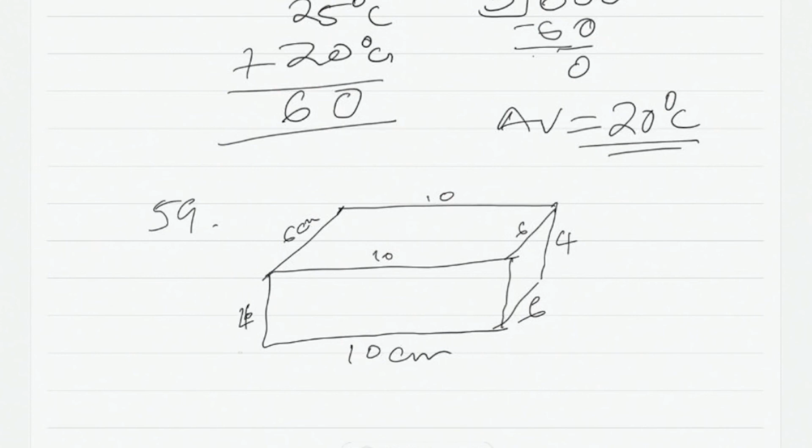Negative 20 is to the left of positive 9. So, negative 20 is smaller than positive 9. Positive 9 is to the left of positive 30.